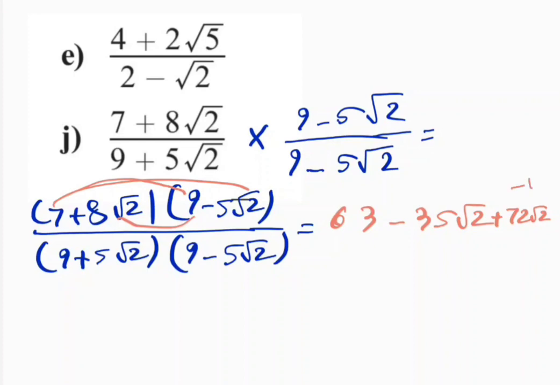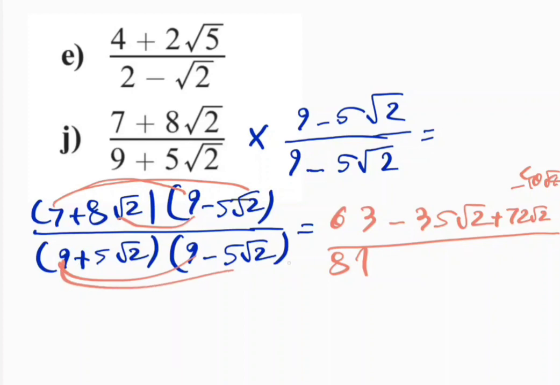So I'm going to write on top minus 40 root 4. And then here 9 times 9 is 81. 9 times minus 5 root 2 is minus 45 root 2. 5 root 2 times 9 is 45 root 2. And 5 root 2 times minus 5 root 2 is minus 25 root 4.